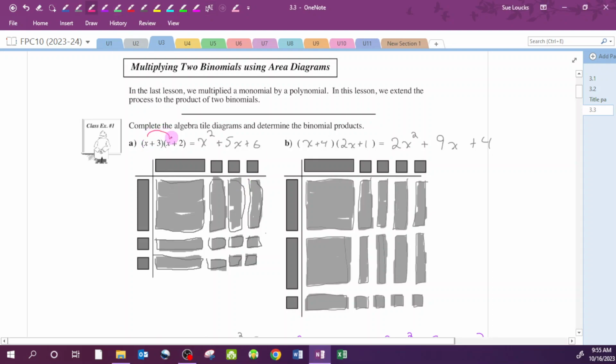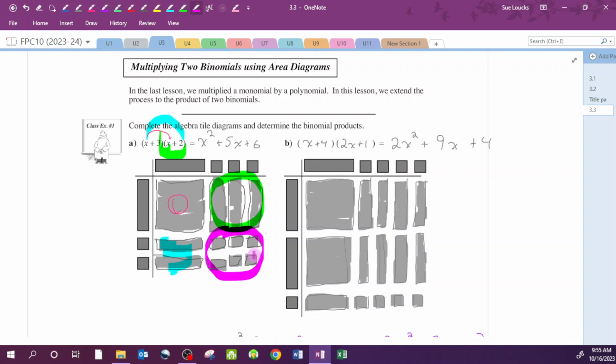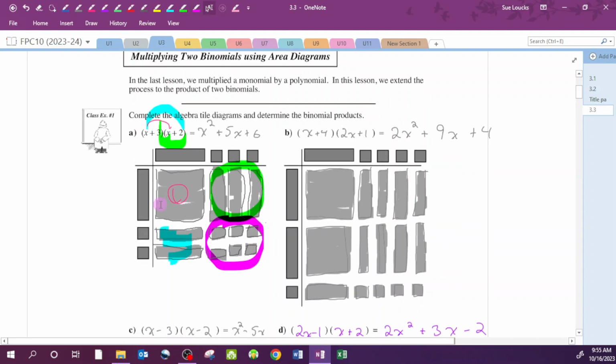So the x times x got us the x squared here, and then the x times 2 got us these ones, and the 3 times x got us these ones, and the 3 times 2 got us, I should have done this in color, got us these ones. So you see, we got the same pieces when we did this with algebra tiles. We just are doing it now with numbers and symbols instead of using the algebra tiles. But the algebra tiles let you visualize it better, okay?